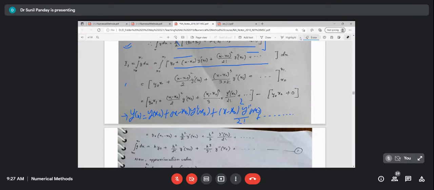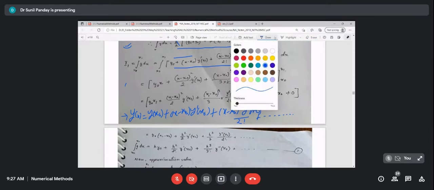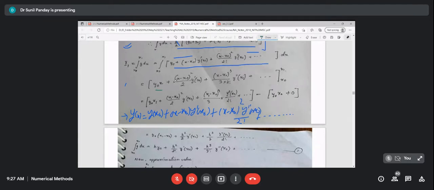Integrating 1 gives x, and x minus x naught as a factor gives x minus x naught whole square upon 2, then x minus x naught whole cube upon 3, with 2 factorial already there. Then we apply the lower and upper limits of the integration.